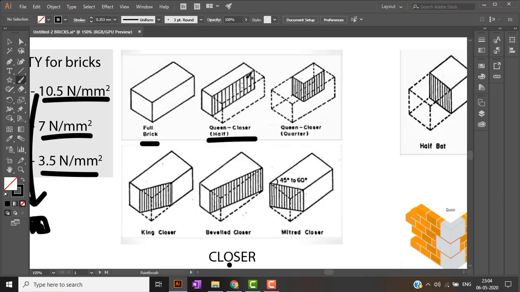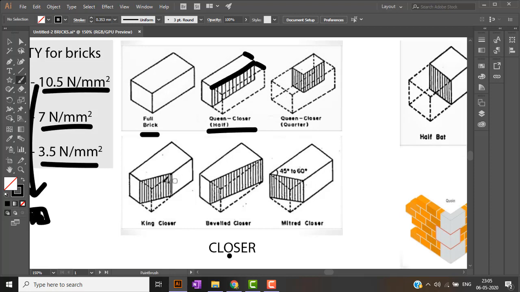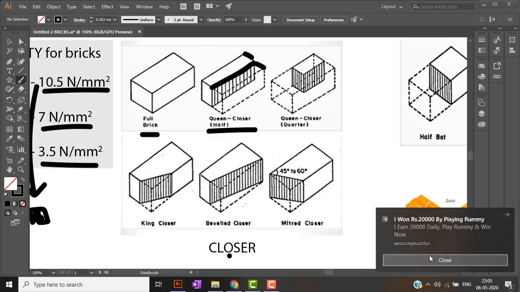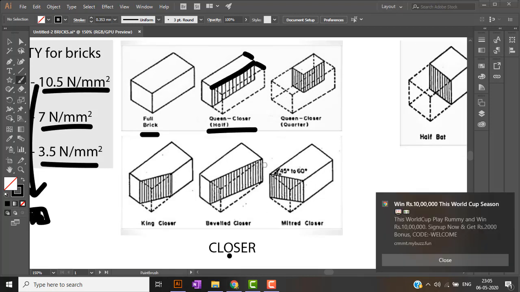So it is queen closure, which is half. This half and this half are equal. Therefore, it's cut into half according to its length. So it's queen closure half. We also have queen closure quarter. We have king closure. We have beveled closure and mid-thread closure. So these 6 are the types of closures.